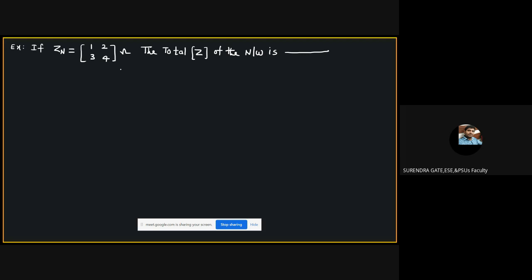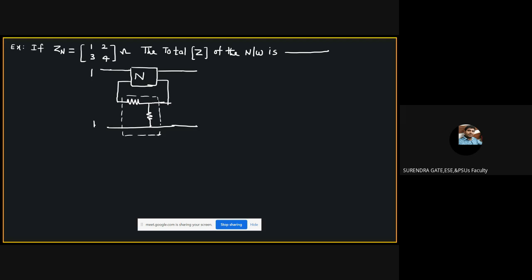Okay, this is the given network, with ports 1 dash and 2 dash.